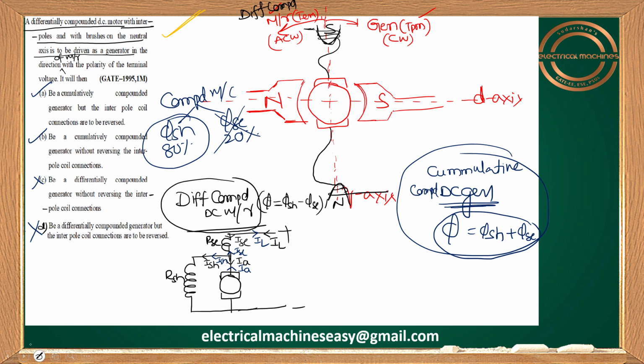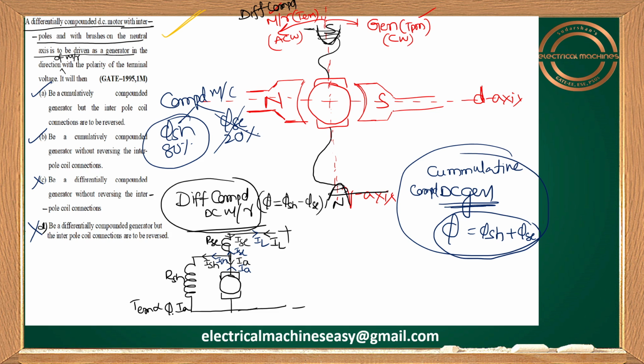If it is acting as a motor, in the case of a differential compound motor, let me write here itself, otherwise you'll have some confusion. When it is acting as a differential compound DC motor, TM is proportional to phi into IA. I told you which one is more dominant here: shunt flux.